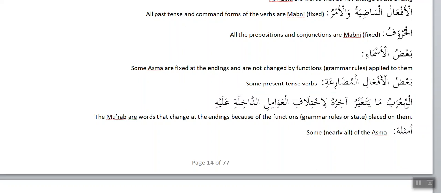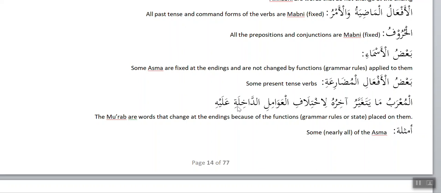And that means that the mu'rab, words that are changing at the end, are آخره, the ending, يتغير, change, لاختلاف, because of the variation of al-awamil, the functions ad-dakhilati that are literally entered upon it.